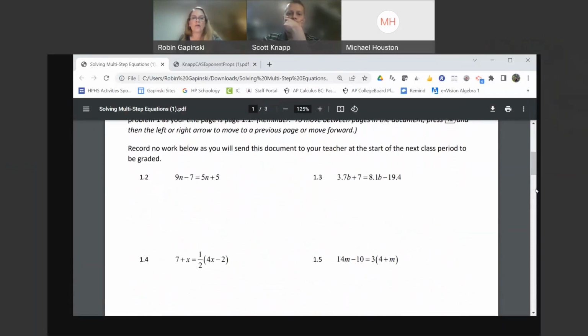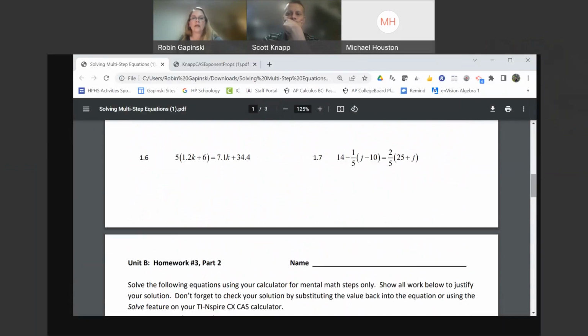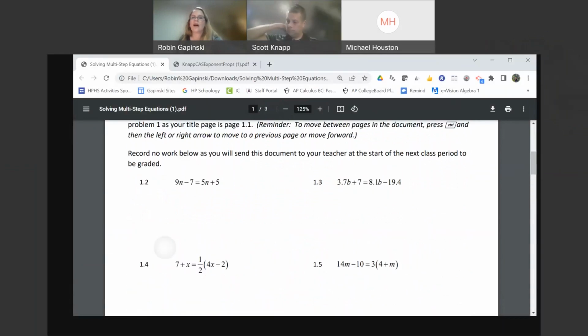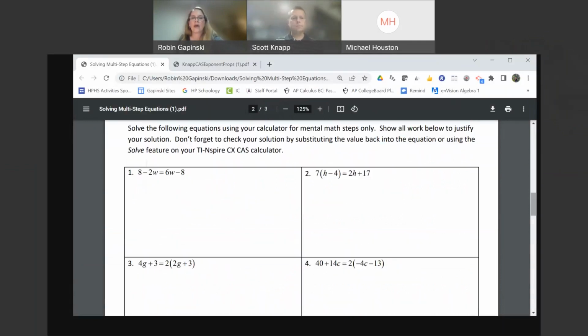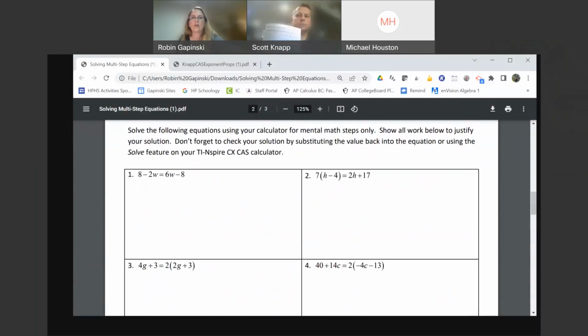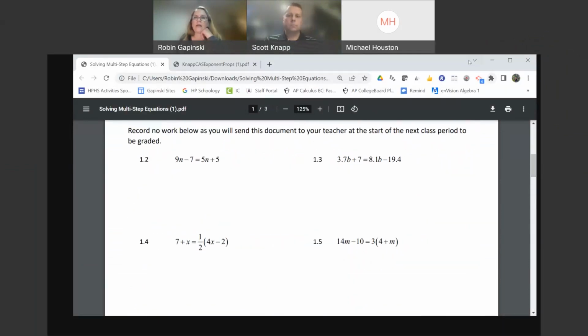I would scroll between the different problems, and I wasn't afraid to give them any kind of problems. These problems were all done 100% on the calculator. And then of course I had them do problems by hand, showing me all their steps on paper, but utilizing the calculator to check their answers, okay?